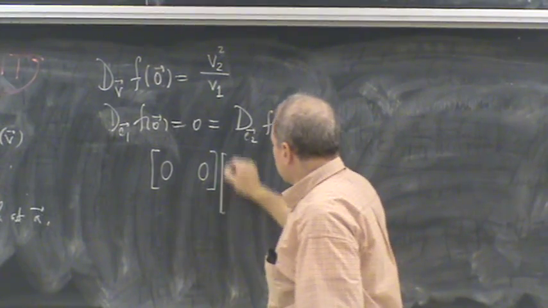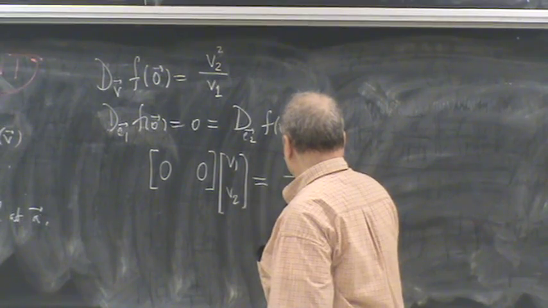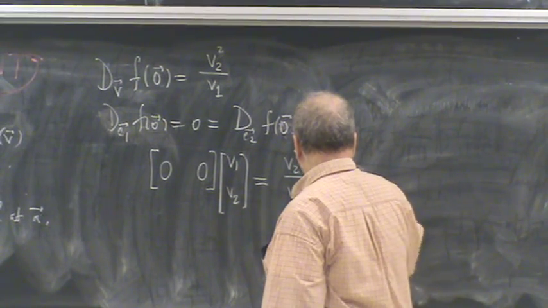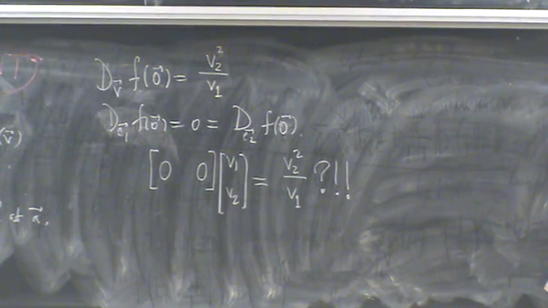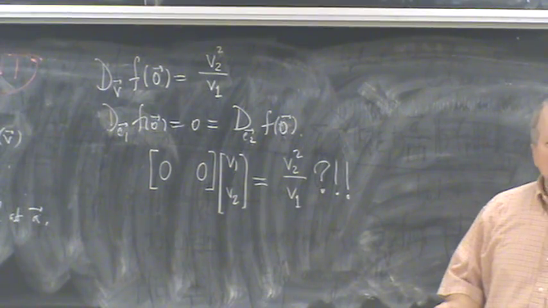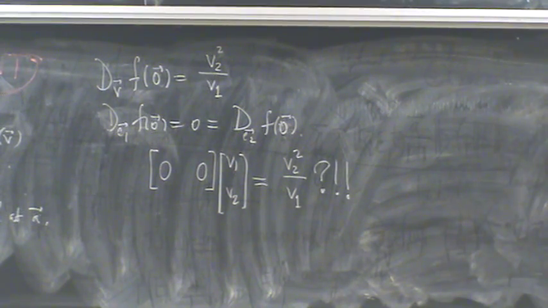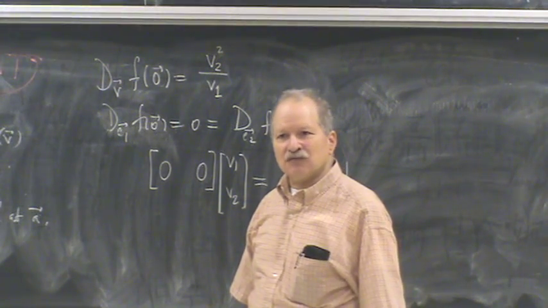And then we're supposed to multiply by the vector v1, v2, and it's supposed to give us this. Not very likely. So what do you conclude? Not differentiable. How did you know that anyway? It's not continuous. If it were differentiable, it would have to be continuous. So you have two ways of verifying that in fact it's not differentiable. Is that a two-way? No. Okay.